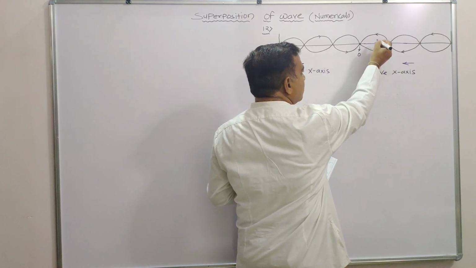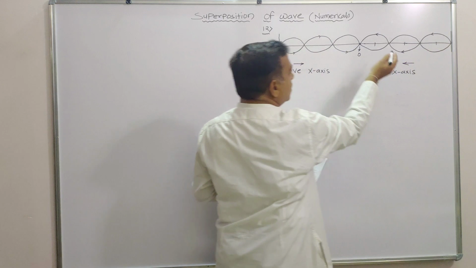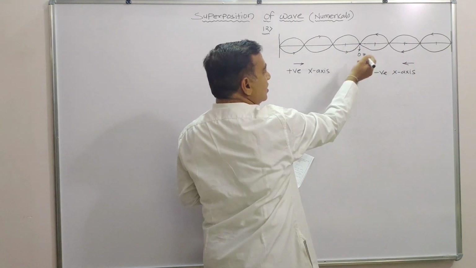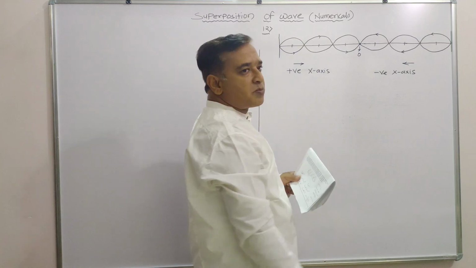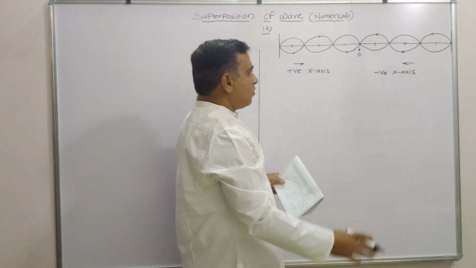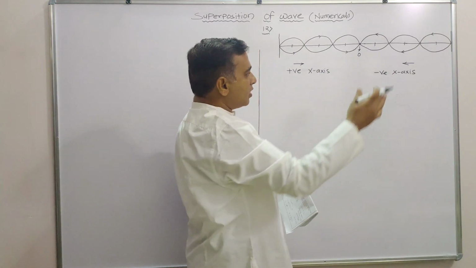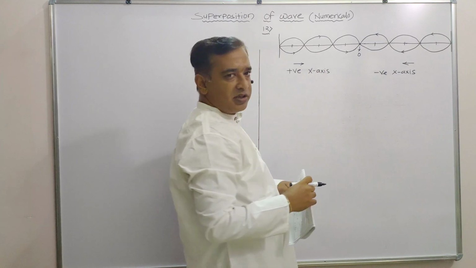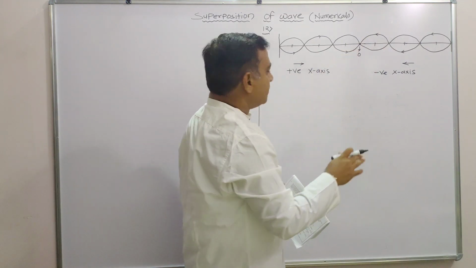Here the intensity is maximum, here it is maximum, and to the left along the negative x-axis it is this one. These points have the maximum intensity. Now we need to consider this reference point where two waves reach simultaneously and form a sort of stationary wave pattern.